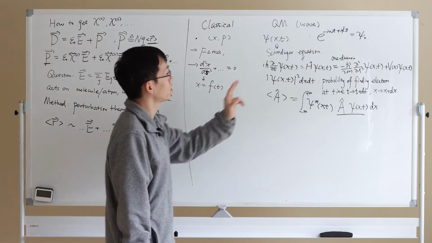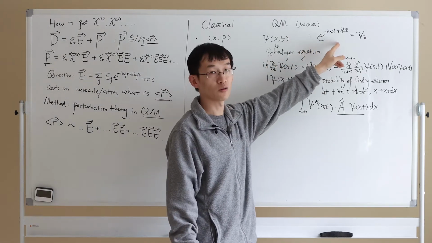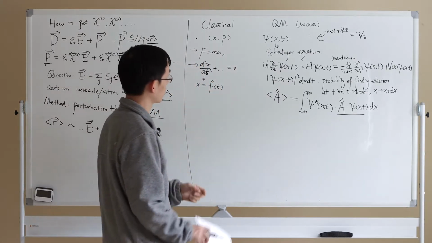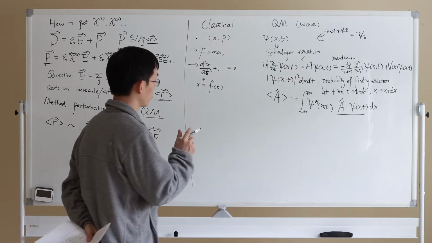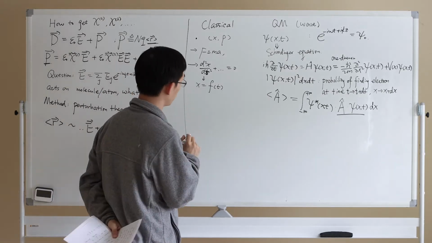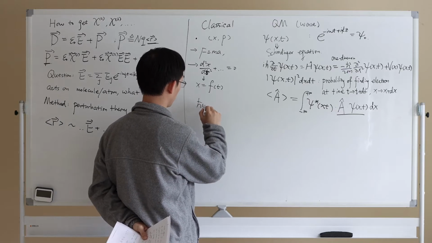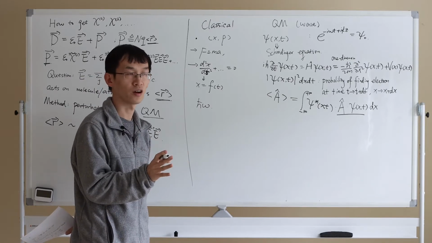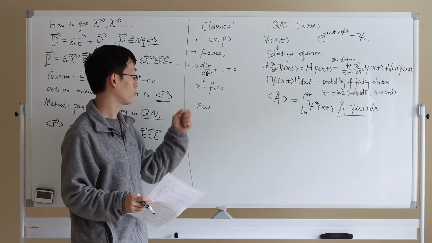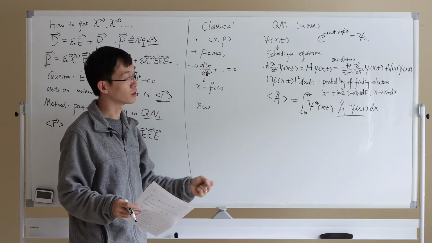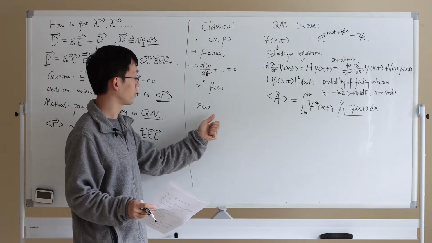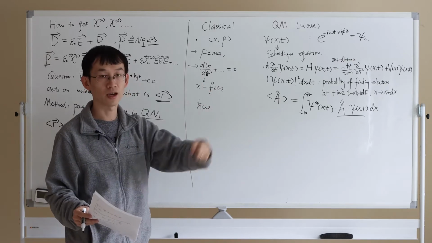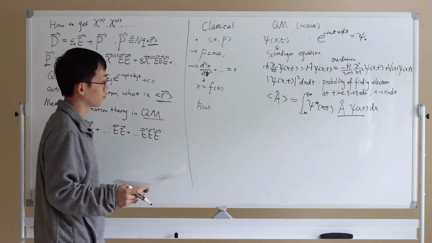So the simplest form of a wave, a plane wave, actually tells us a lot of things. First of all, in many cases we say that the energy of a photon is h bar omega. This was assumed by Albert Einstein in 1905 or 1906 to explain why, when a photon hits a metal, you need a certain frequency to have the photon knock out an electron to form a current.